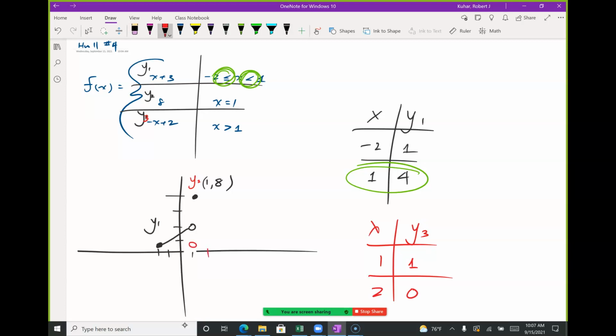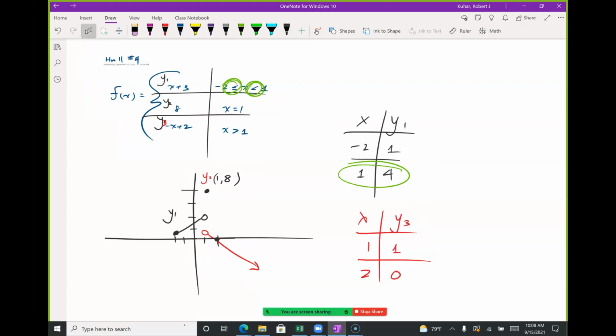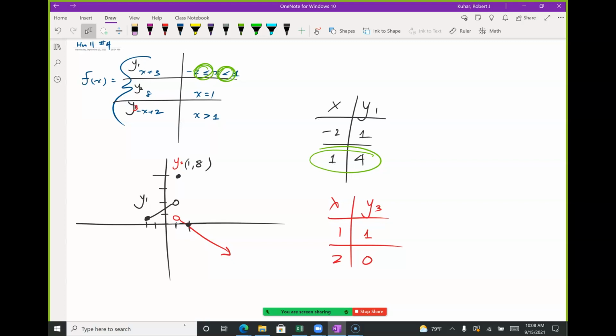And at 2, I get 0. And that goes forever, right? That piece goes on forever. How we doing? Makes sense to me. Not too bad, right? It's just annoying. That's all.